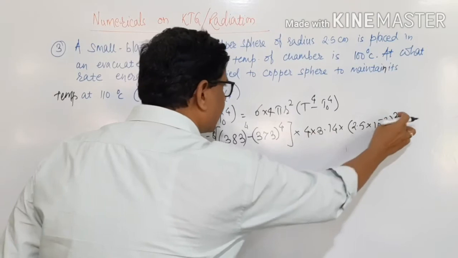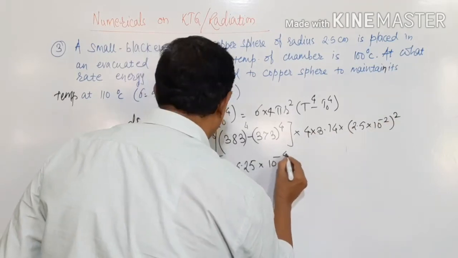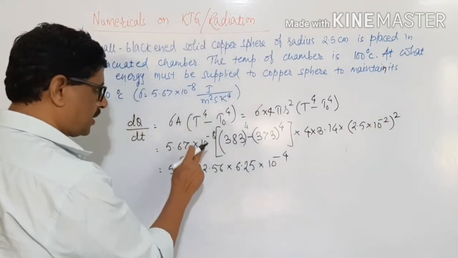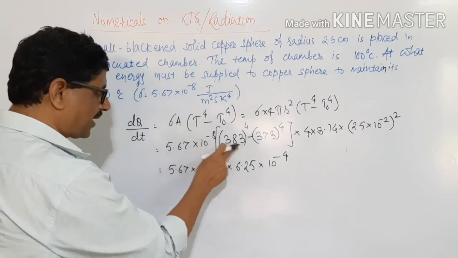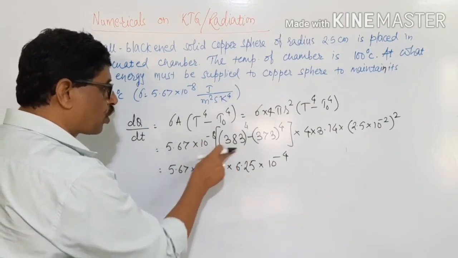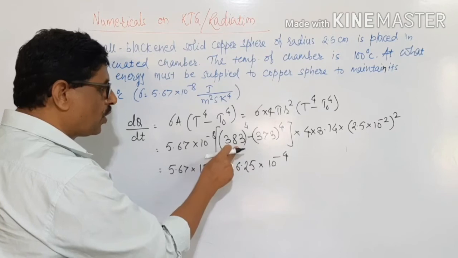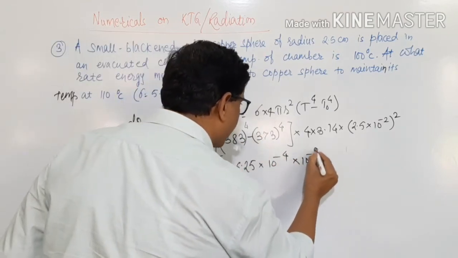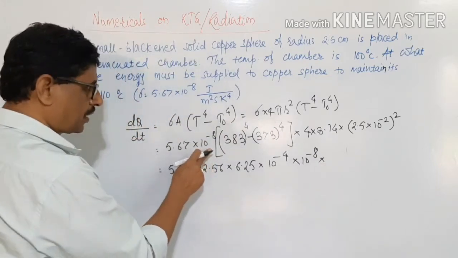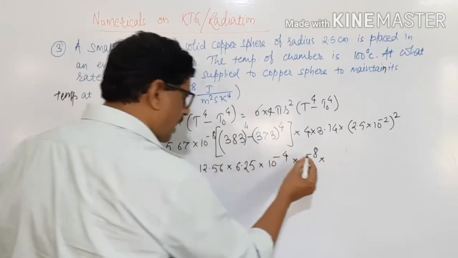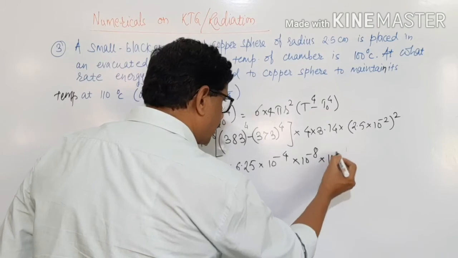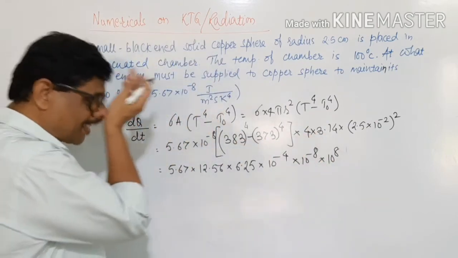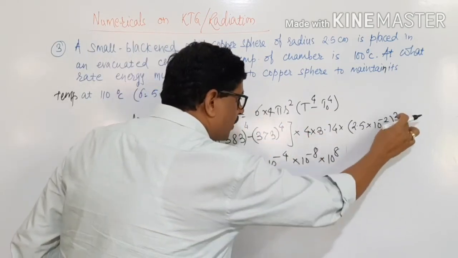Then I will take it as 10 to the power of minus 4. Thereafter I will take 10 to the power 2 common, and the 4th power of that is 10 to the power of minus 8. Here 10 to the power minus 8 and this is 10 to the power of 8, and this is 10 to the power of minus 4.